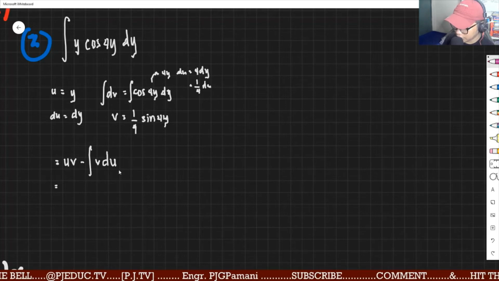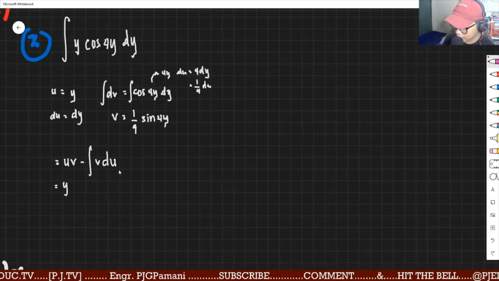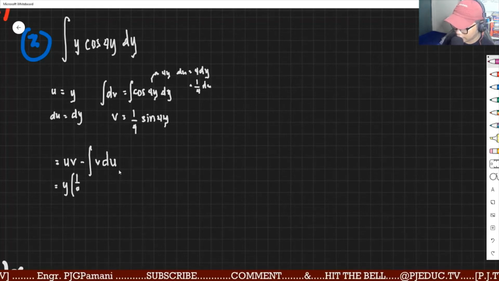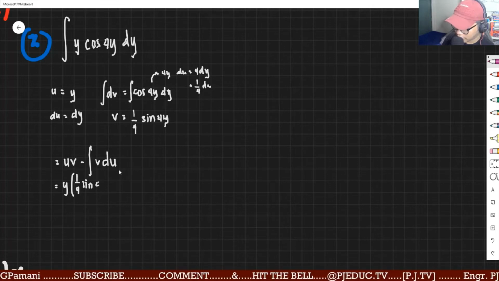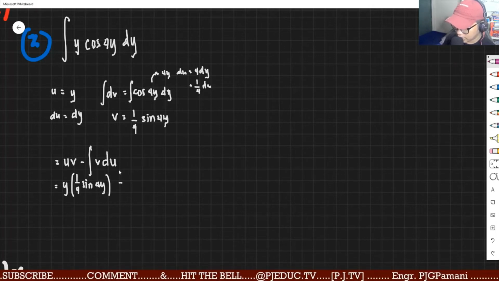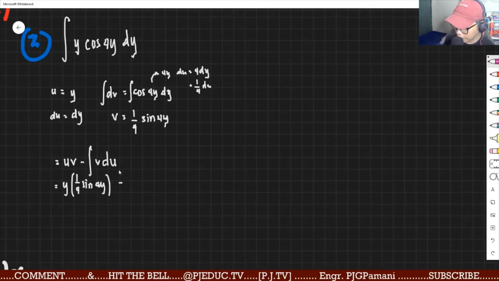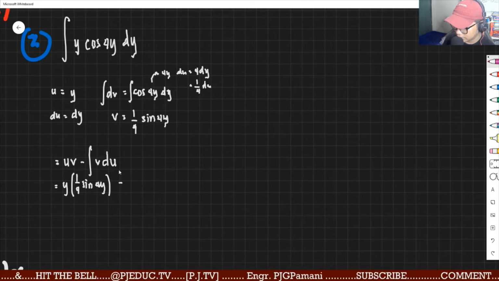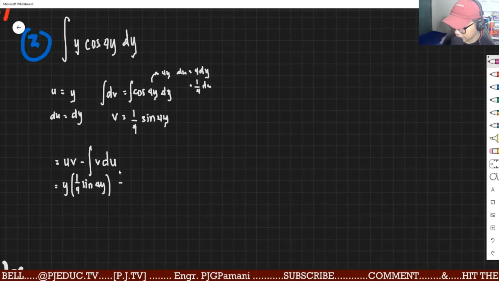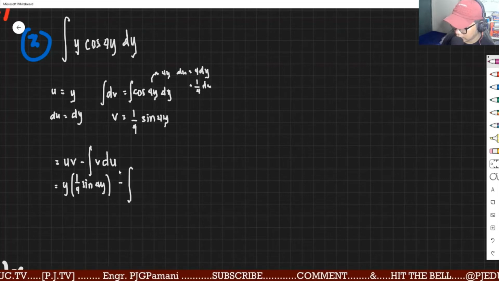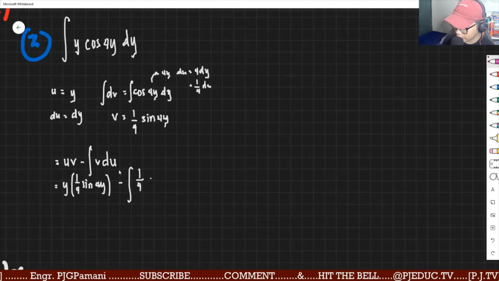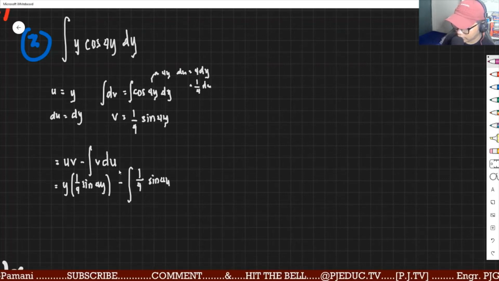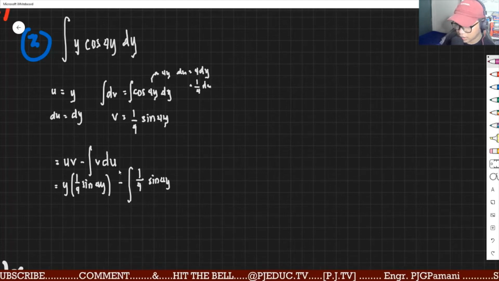The function u is y. V was identified as 1/4 sine 4y, minus the integral of v. Maya na natin ilabas yung constant, ha? Integral of v, 1/4 sine 4y dy.